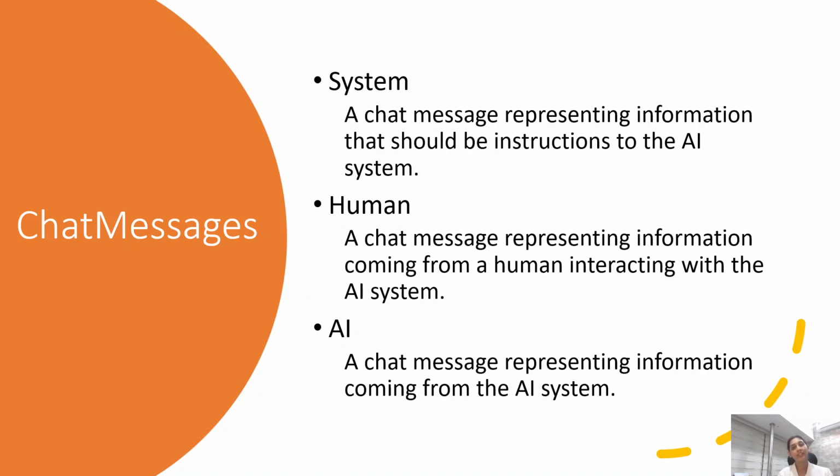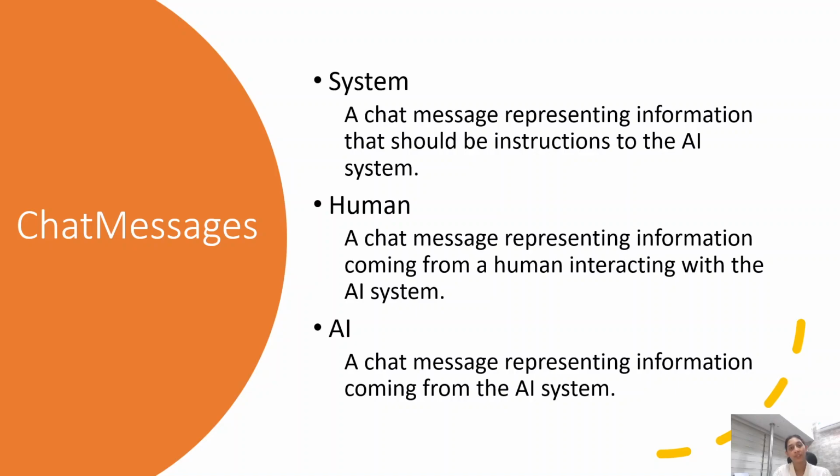Then we come on to the human chat message. A chat message that represents the information coming from a human, someone like us, is known as a human chat message. Now that I have defined the system as a travel bot which is going to help me decide an itinerary for a trip, a human message for something similar could be, plan a trip for Humpy.